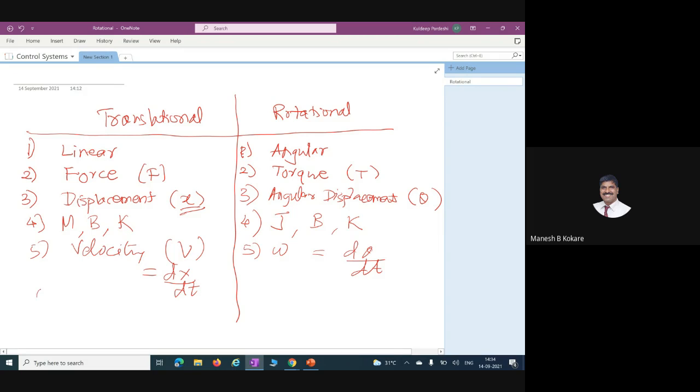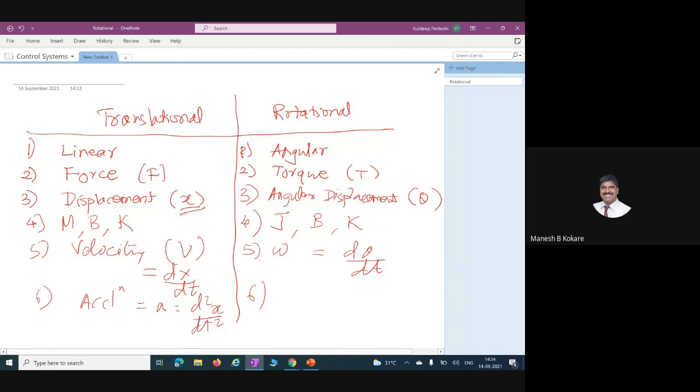And then the third one is that when you apply force on the mass in case of a translational mechanical system, the reactive force offered by the mass element is directly proportional to the acceleration. And you know that acceleration in this case is given by a, which is equal to d2x by dt square, in case of a linear or translational mechanical system.